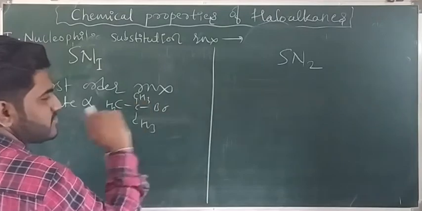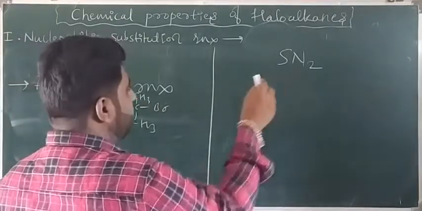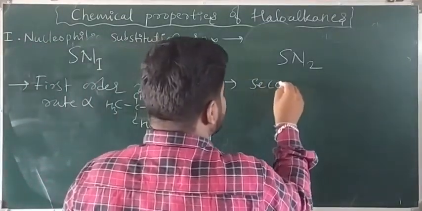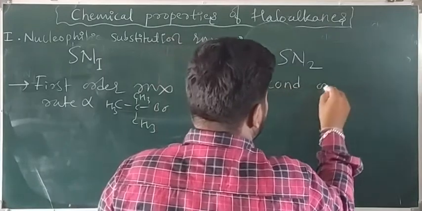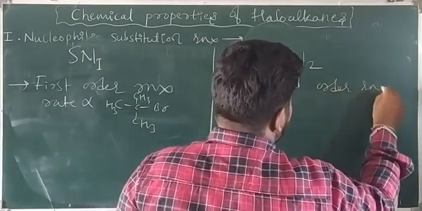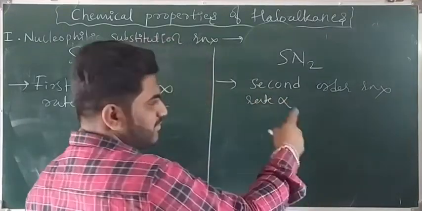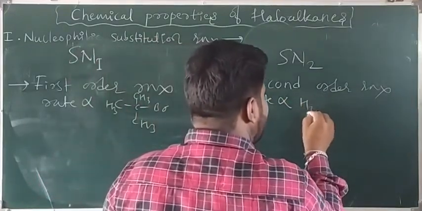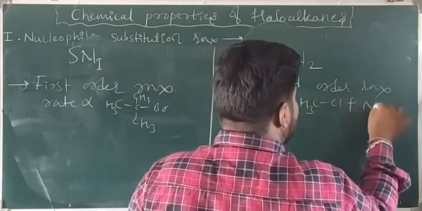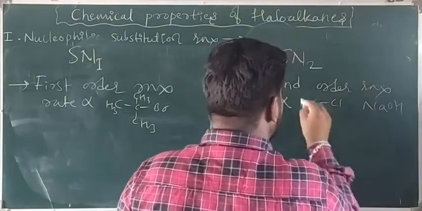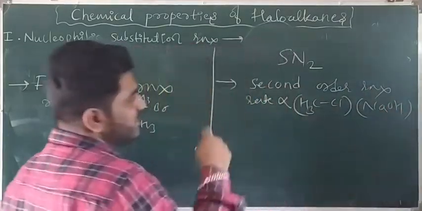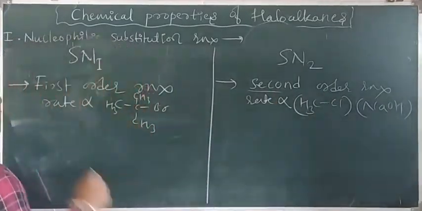The rate of the reaction depends on tertiary butyl bromide. In SN2, this is a second order reaction, because the rate is directly proportional to both the haloalkane as well as the alkali. Rate depends on both the reactants. Therefore, this is a second order reaction.